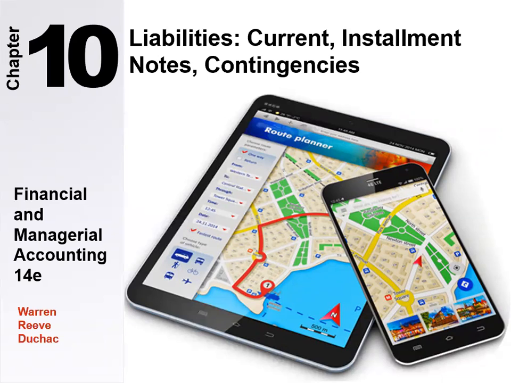So the current versus long-term determination is pretty much the same as assets. If we owe it in the current period or within 1 year, it's a current liability. If it's something we owe beyond that, then it's a long-term liability.